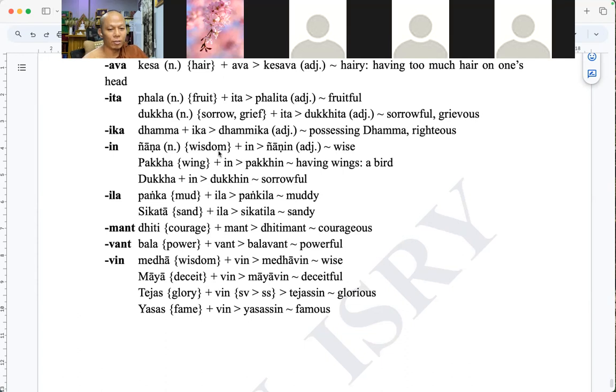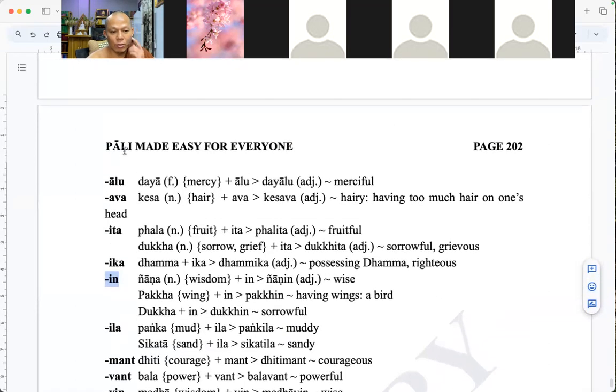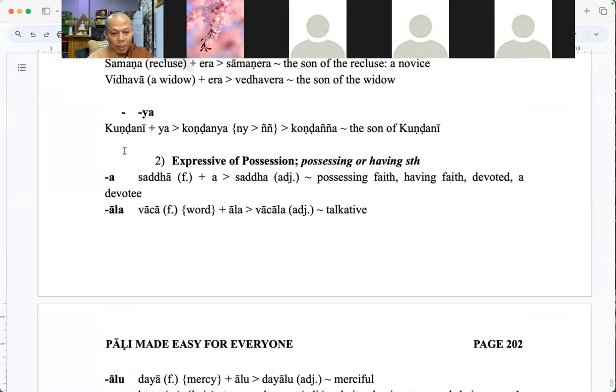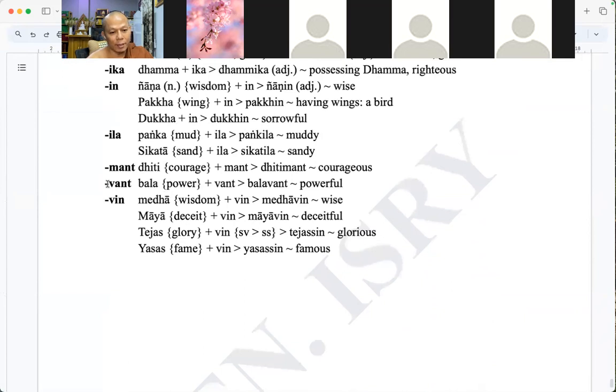Actually, the word dhamma can also be seen with ika and with in, and the very first word, sada, can also be seen with different suffixes.